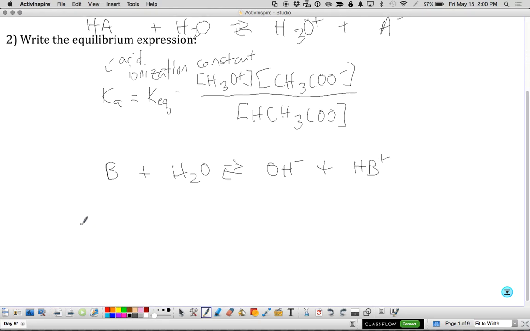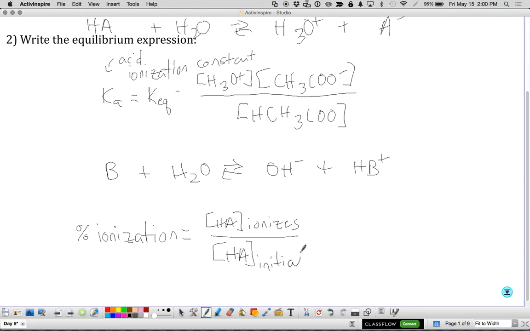You could also do percent ionization, okay? And percent ionization is just like what it sounds like. It's a percent. It tells you the percent that your acid ionizes. So in the simplest terms, that would just be the concentration of HA that ionizes over the concentration of HA initial times 100%.